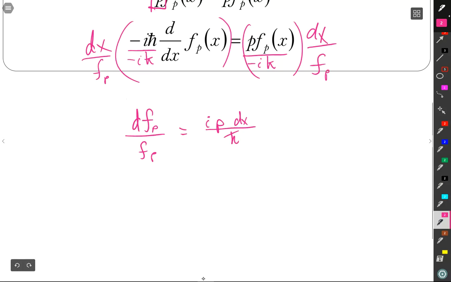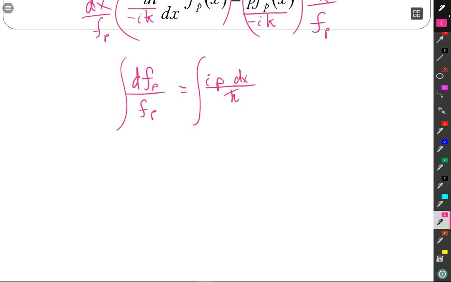So now we integrate both sides. And this time around, I didn't even bother to put limits. And on the right-hand side, it does feel a little bit awkward, because are P and x independent of each other? Yes. But it doesn't feel that way usually.